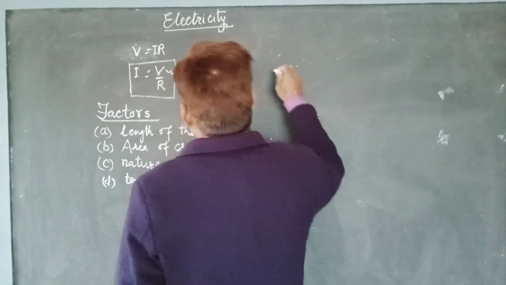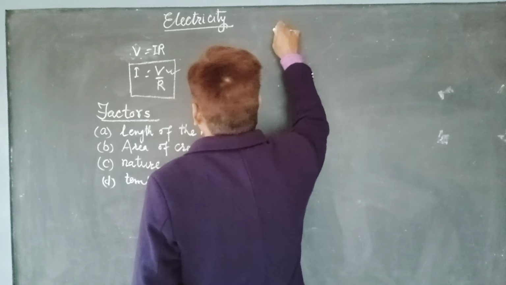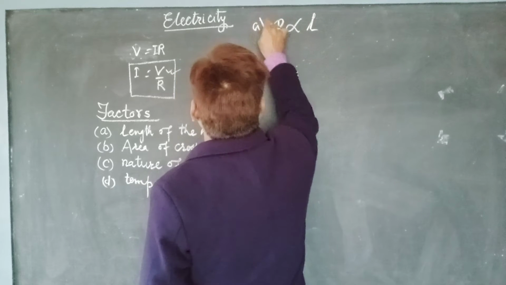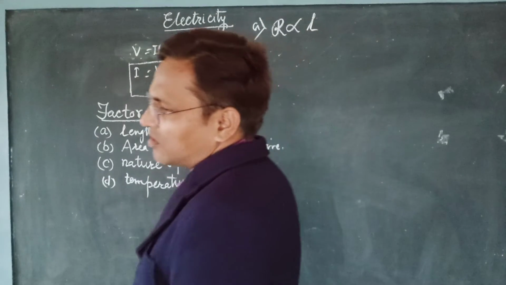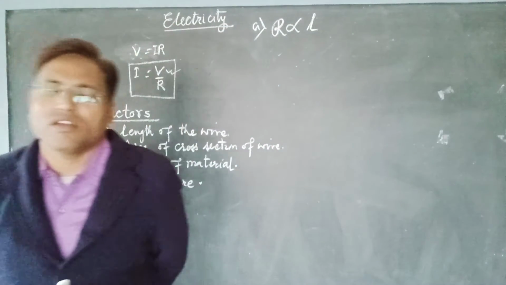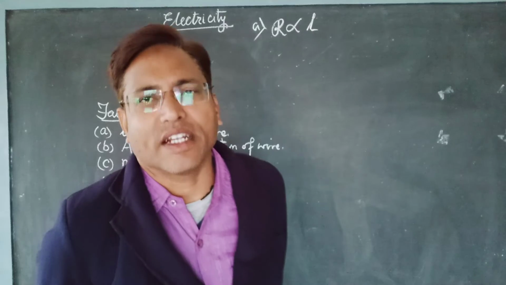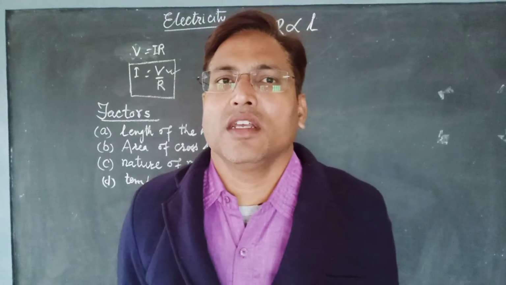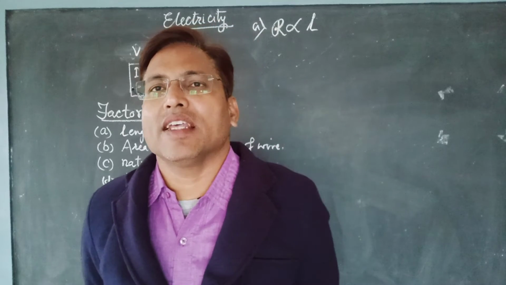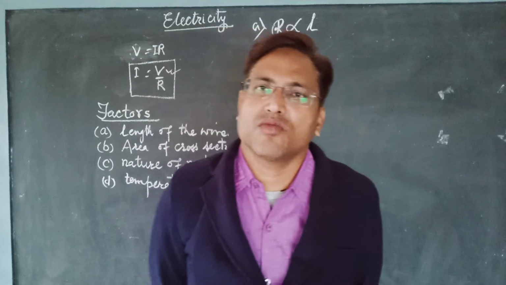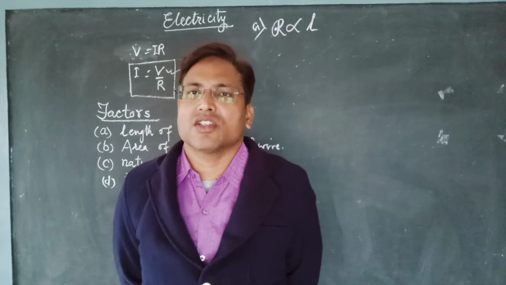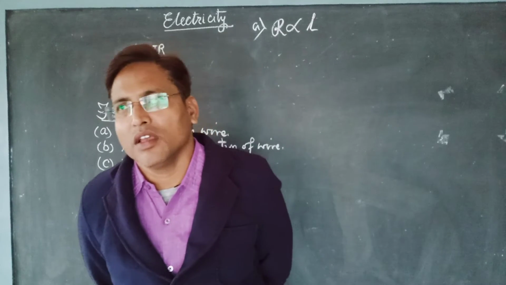The first one, the length of the wire, we denote by L. Then resistance is directly proportional to L. Resistance of a wire or conductor will be directly proportional to the length of the conductor. If the length is more, the resistance will be more. If we decrease the length, the resistance will decrease.